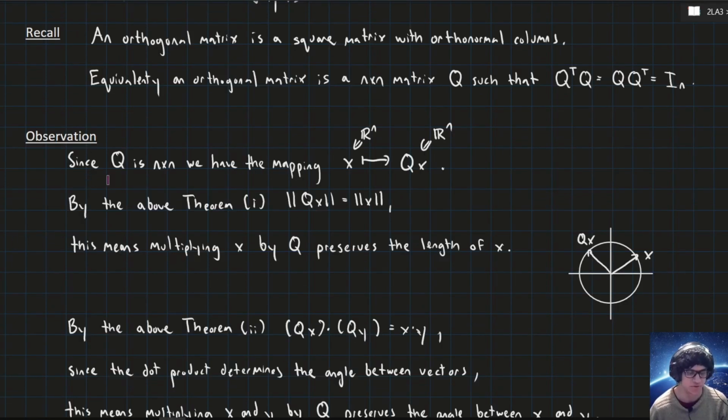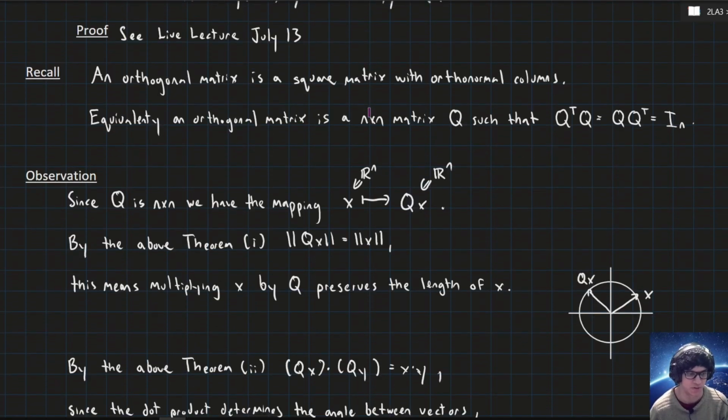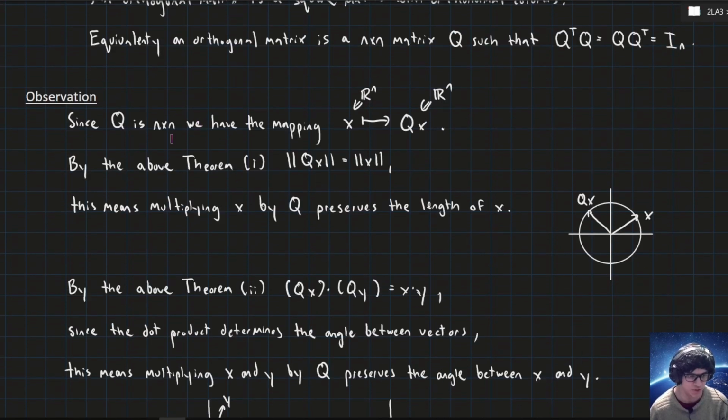Let's assume that Q is an orthogonal matrix, and let's see what the implications of these two properties are. Assume Q is orthogonal. Since it's n by n, it maps Rn to Rn.